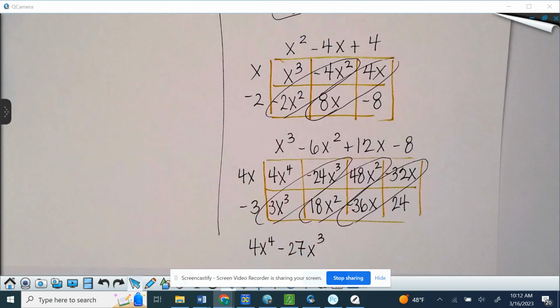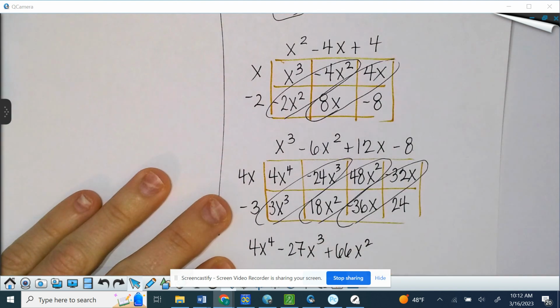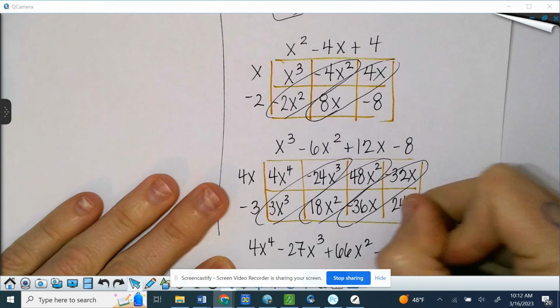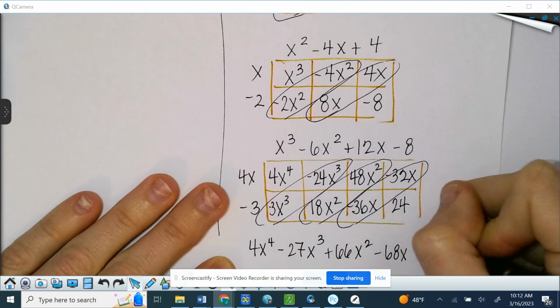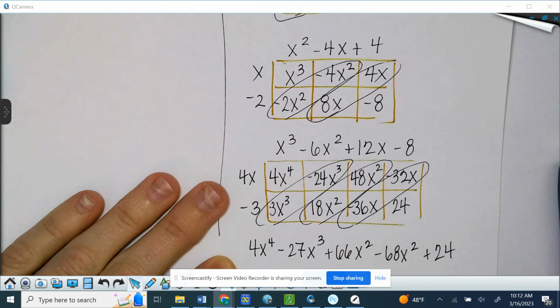It's going to be 50, 66, I believe. I want to make sure I check. 18 and 48. Yep, it's 66x squared. Negative 36 and negative 32 is going to give me a negative 68x squared plus 20, oh, not squared, sorry, plus 24, just negative 68x.